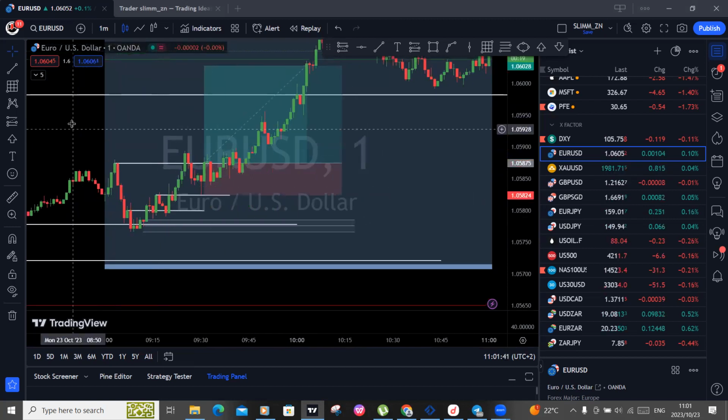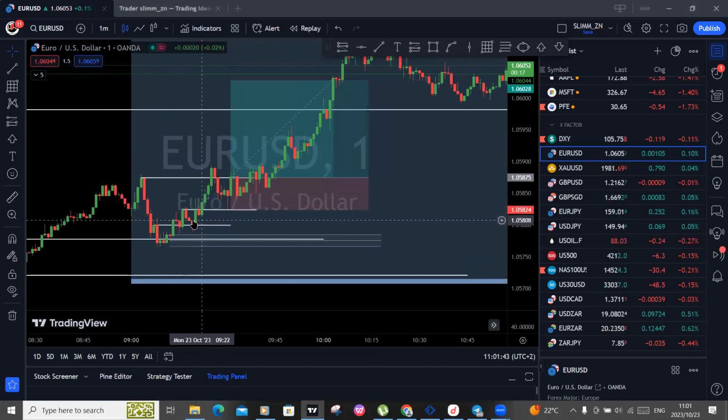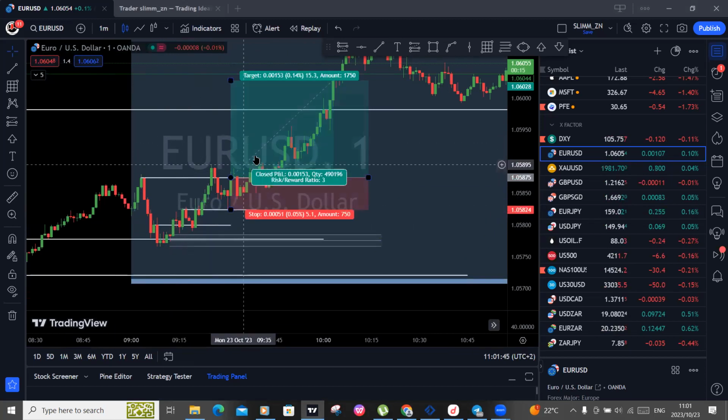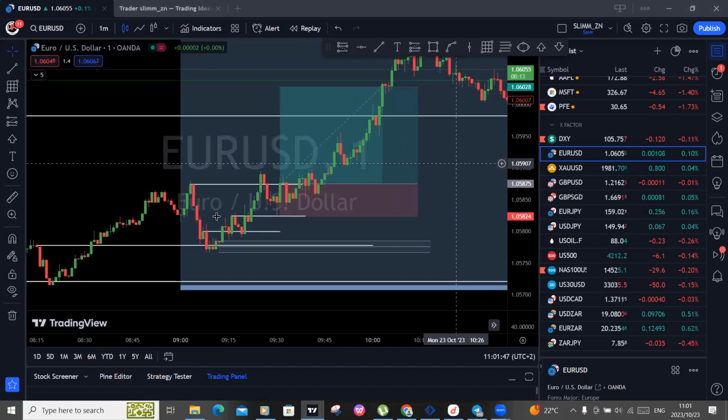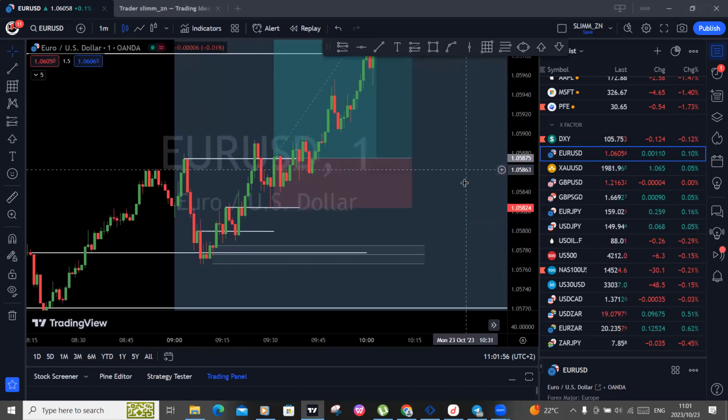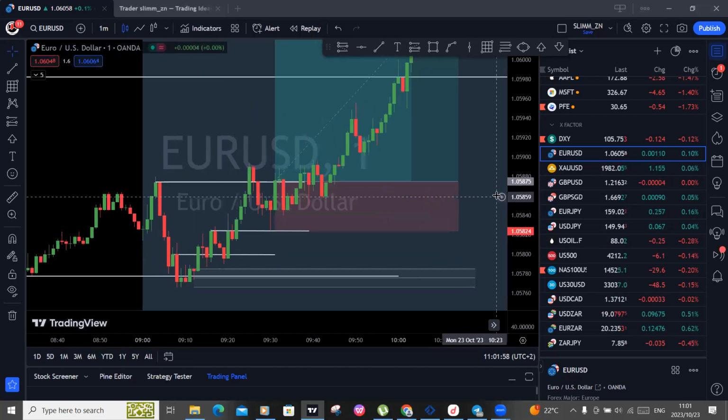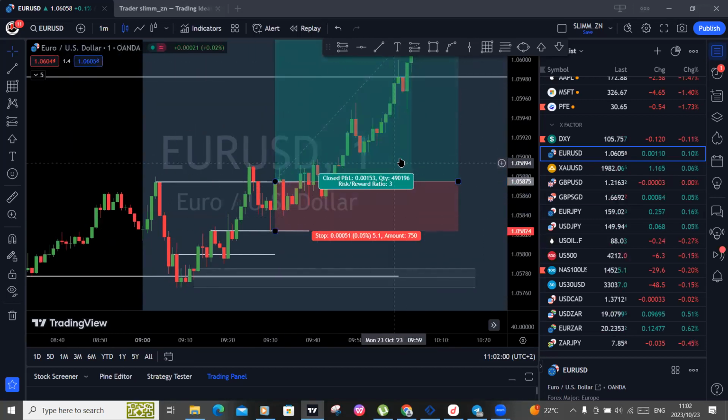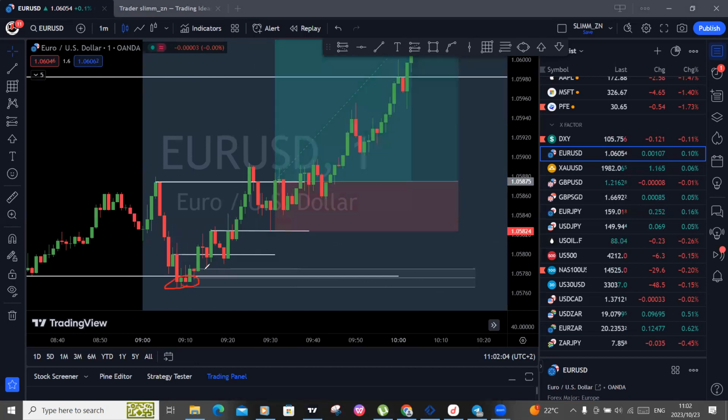When I came to the charts, price was somewhere here. So I was like, okay, how do I get into this trade? I think it would have been best for me to actually enter here. That would have been the best setup, but I had to wait again for the pattern to form within the structure I had.